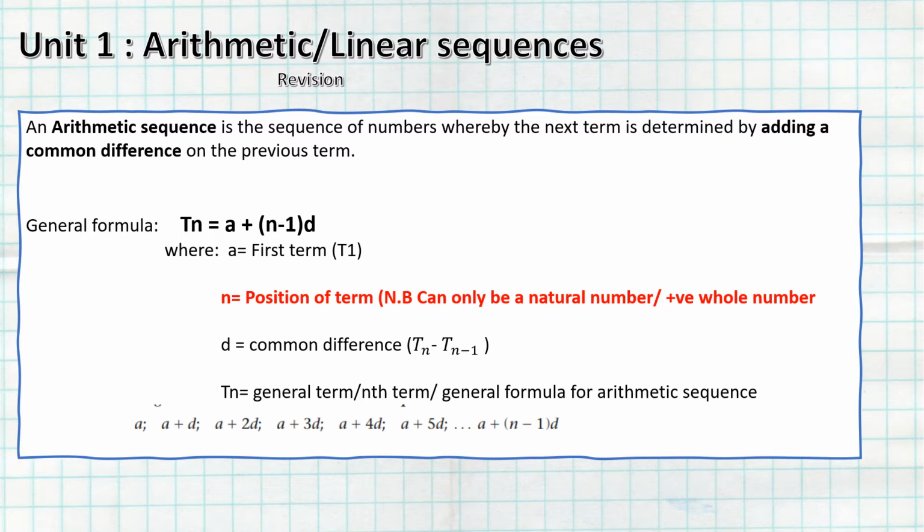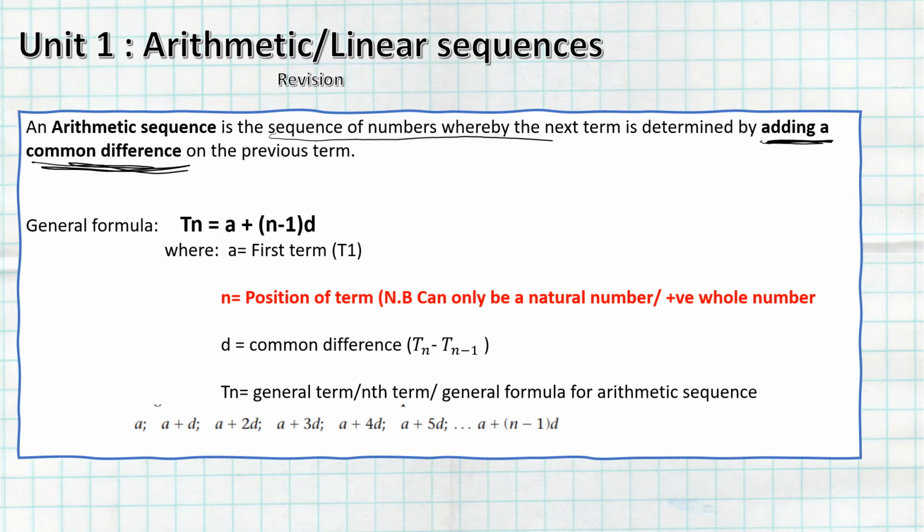What is an arithmetic or linear sequence? It is a very important question to ask yourself before starting a topic. An arithmetic sequence is a sequence of numbers whereby the next term is determined by adding a common difference to the previous term.